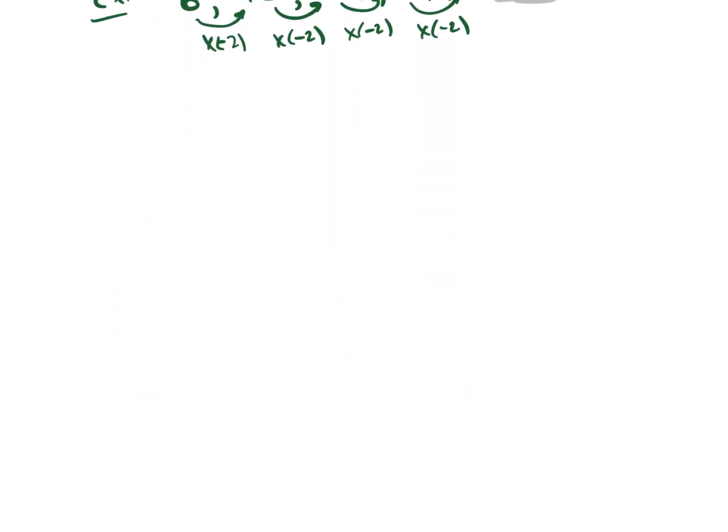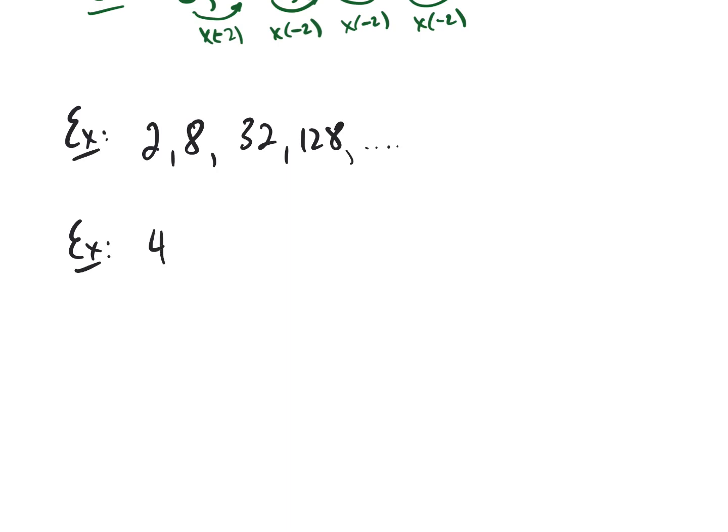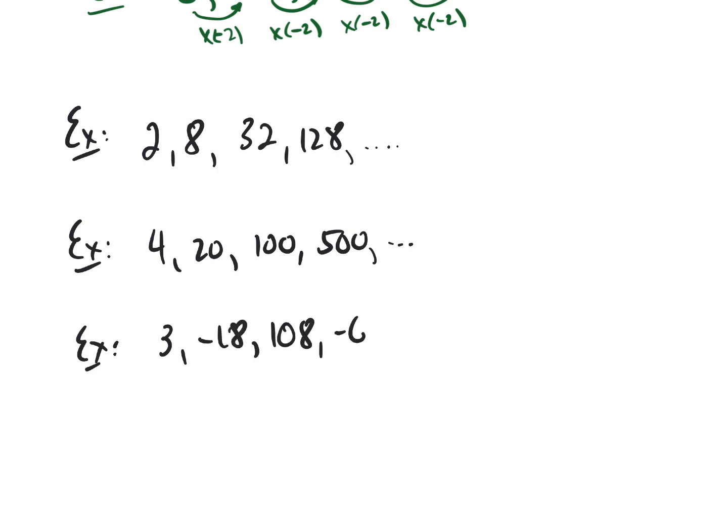Now, let me write out several examples, so it'll just take a minute. 2, 8, 32, 128, and so on. 4, 20, 100, 500, and so on. 3, -18, 108, -648, and so on.